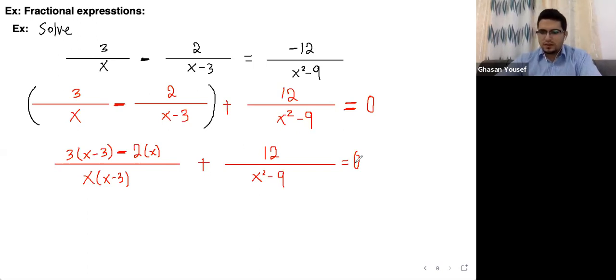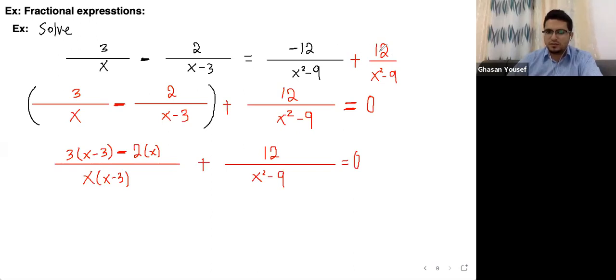Where did a plus come from? Which plus do you mean? This one? Eric? Yes. So this value here, it's negative 12 over x squared minus 9. So actually, I add 12 over x squared minus 9. Why? Because when I add this value, I get 0.